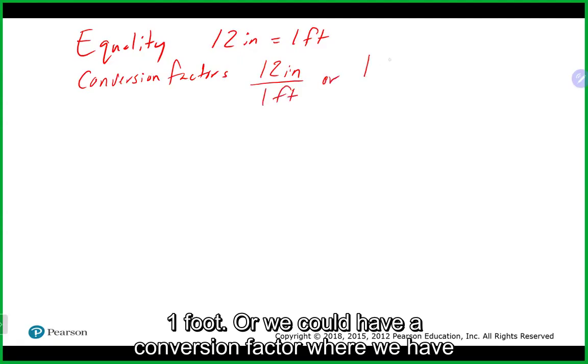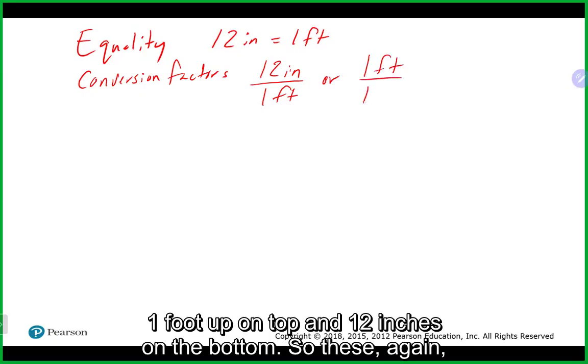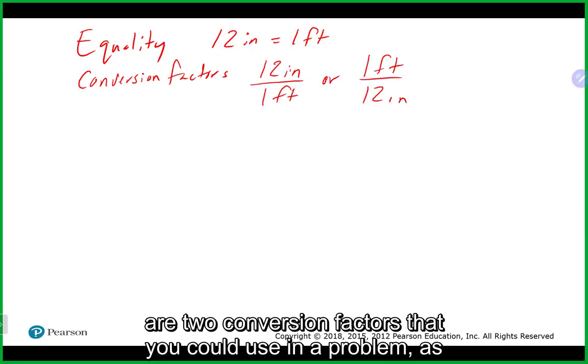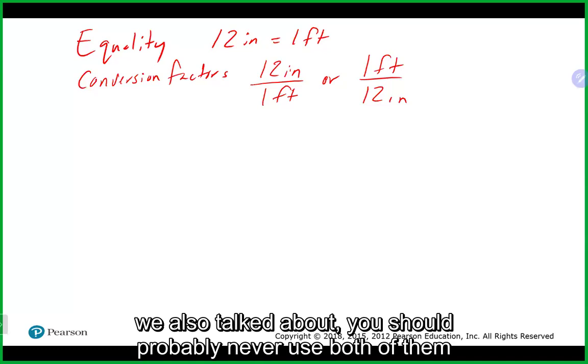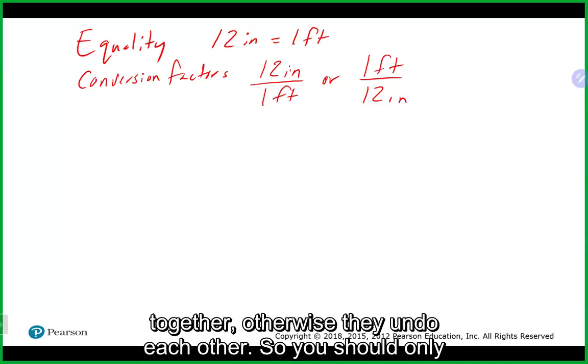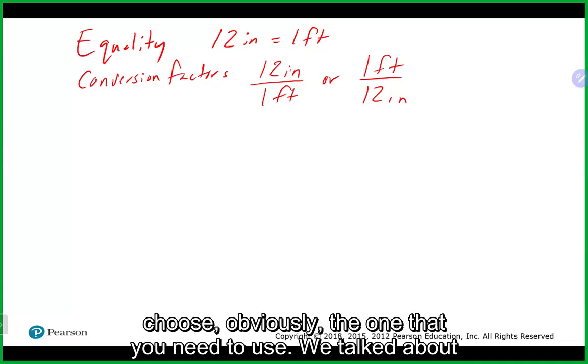Or we could have a conversion factor where we have 1 foot up on top and 12 inches on the bottom. So these are two conversion factors that you could use in a problem. As we also talked about, you should never use both of them together, otherwise they undo each other. So you should only choose the one that you need to use.